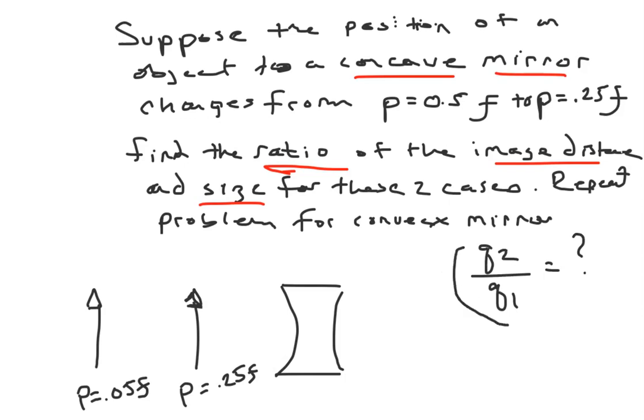So this right here is the ratio of the image distance, right? He's asking you two questions. What's the other one he wants? No, there's another equation that he's asking for. What equation is that?